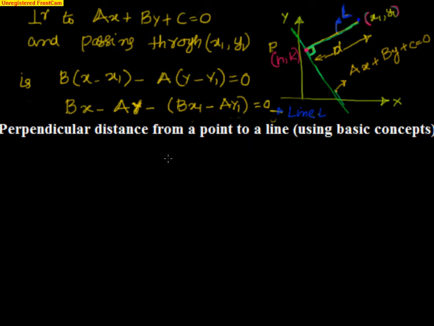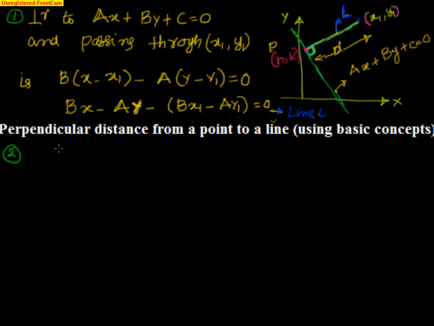Now, what's our next step? Once we found the equation of the line L, we have to find out the point of intersection, so let's do cross multiplication and try to find out the point h comma 2. This is the first step. Second step is to find out the point of intersection. So let me put those two straight lines.